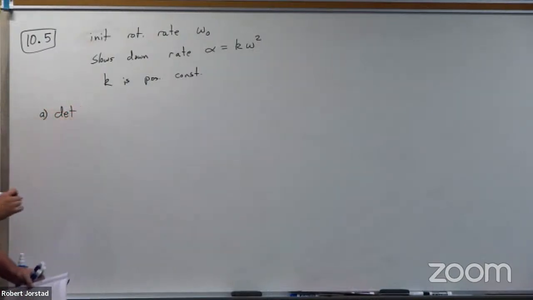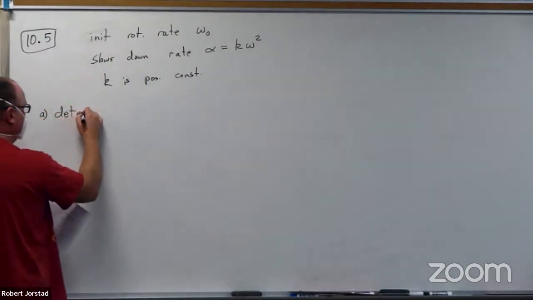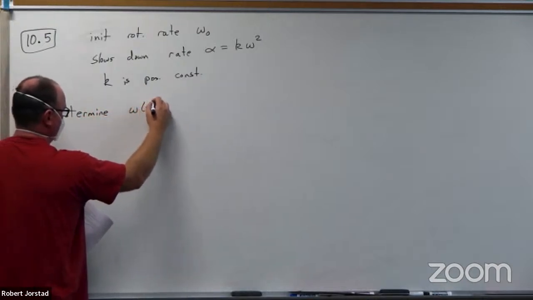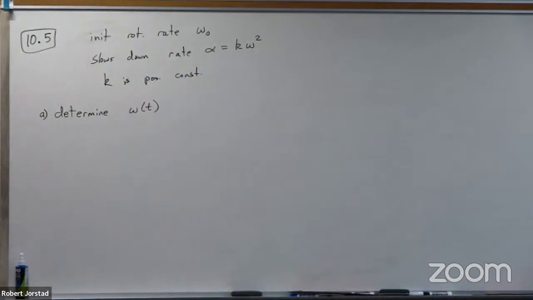Determine, am I on the right whiteboard? Yes. Any ideas what we do? Yeah. Tell me what I should write for the integral. Like, what would you write on your paper?